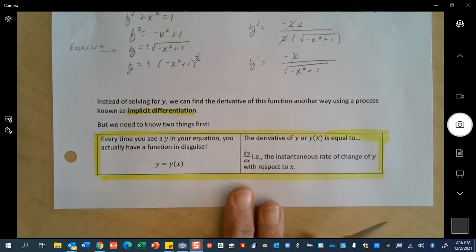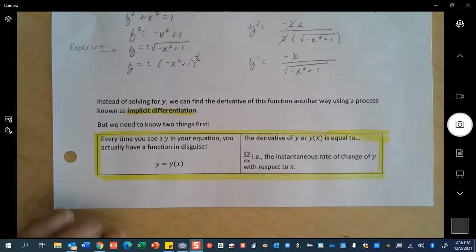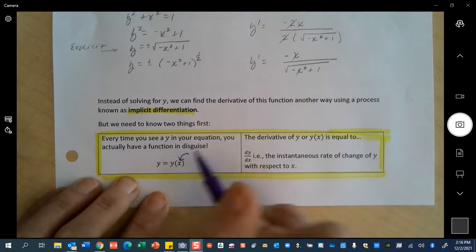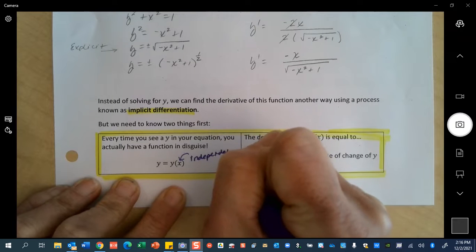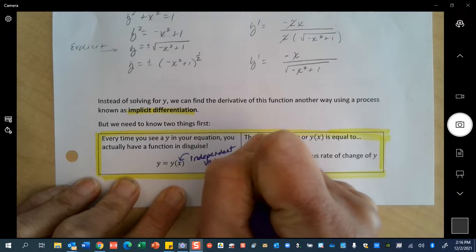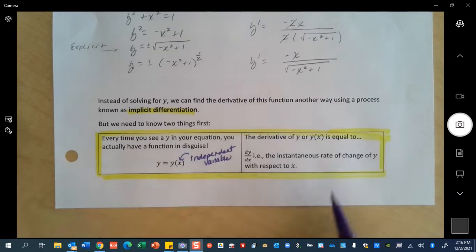Okay, every time you see a y in your equation, you actually have a function in disguise. And the theory behind this is this. Our x is our independent variable. That's what goes into the function.